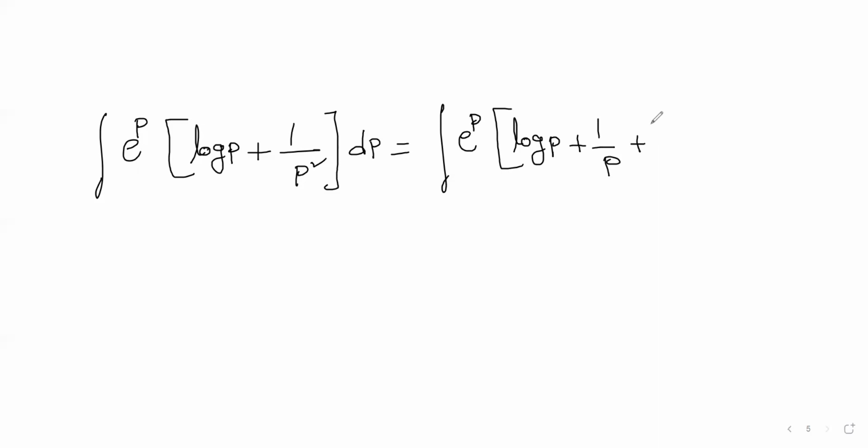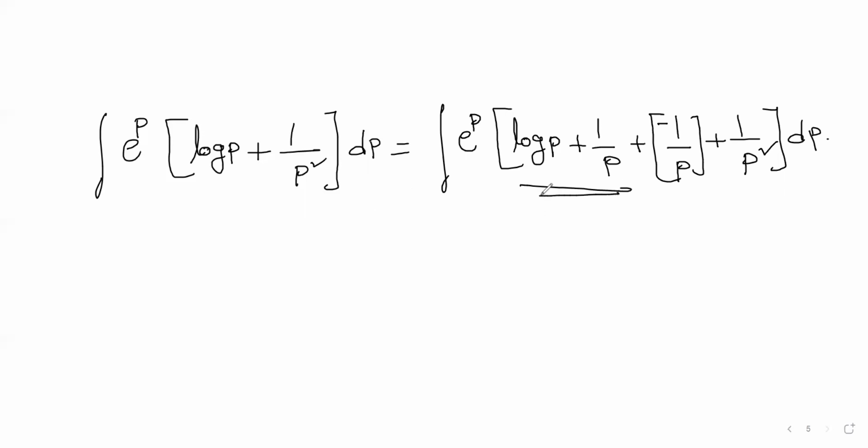Instead of subtracting, I write plus of minus 1/p, plus 1/p^2. I'll tell you why I'm writing like this; in short, you will understand very easily.